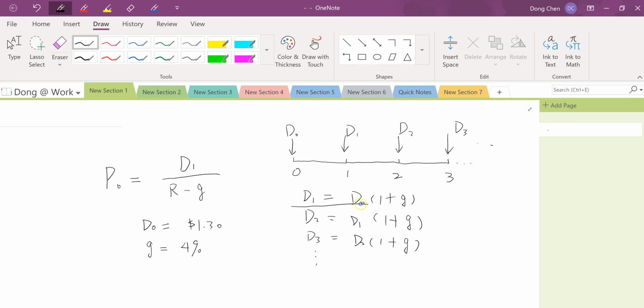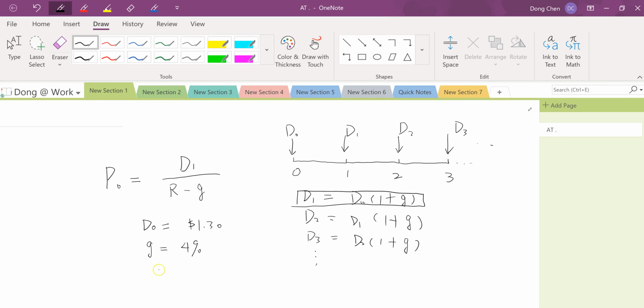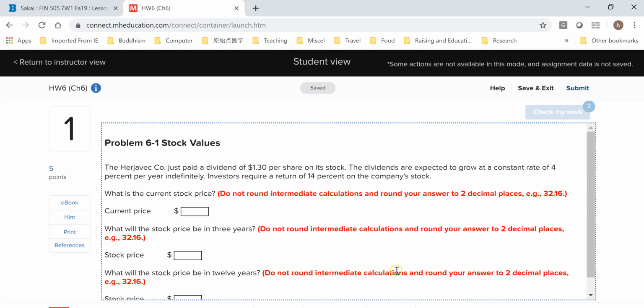So from this equation, we can solve out D1, right? So D1 is simply D0 times 1 plus g. So that gives us 1.30 times 1 plus 4%.